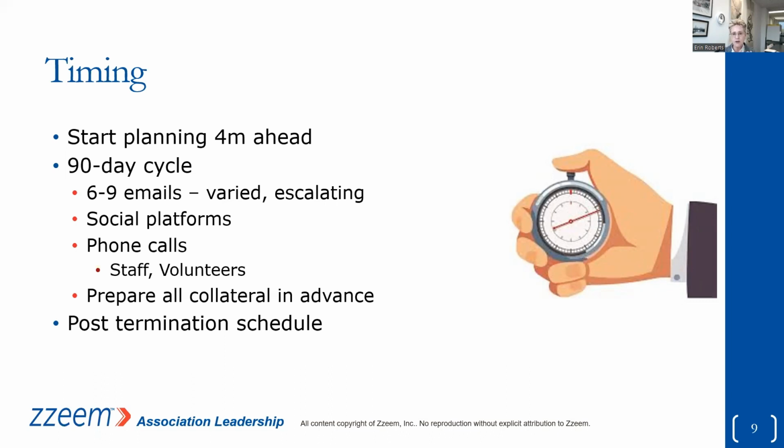And if you can get it in your bylaws, and here's why I want to encourage it, then there's really no debate about it. If anybody says, well, what do you mean 30 days? That's not enough. You can say it's in our bylaws. We are compelled to follow our bylaws, and our bylaws say we have to cut off people who have not paid 30 days after expiry date. So it just makes it very clear what the rules of engagement are.